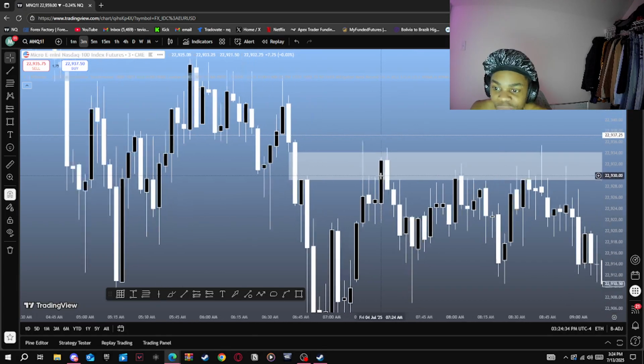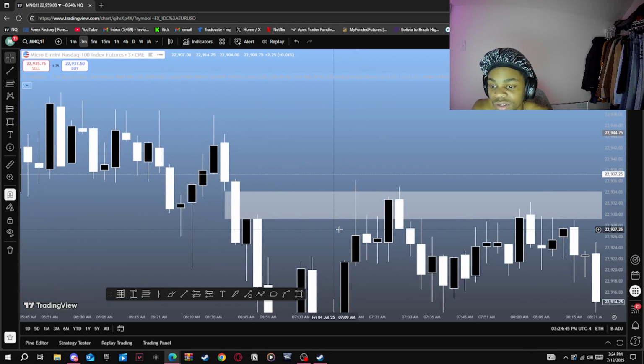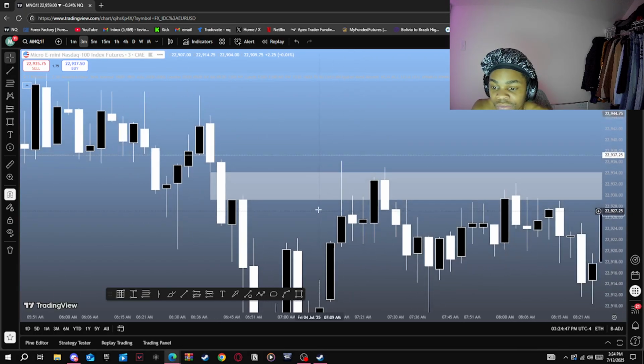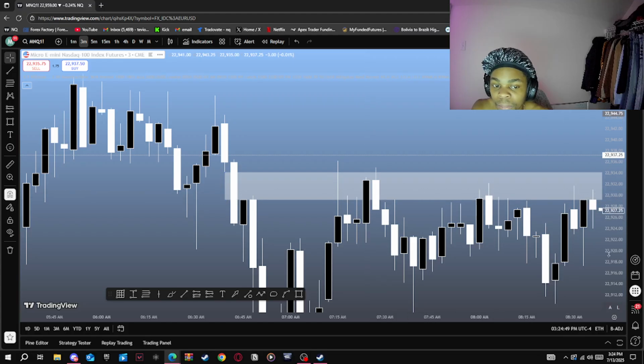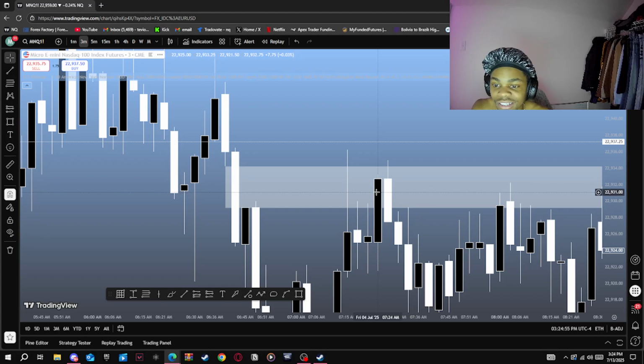You can tell it's being respected by seeing wicks, the candle failing to run through it. Wicks poking above is a good sign. This right here, it's still being respected because this candle didn't close outside of this box.